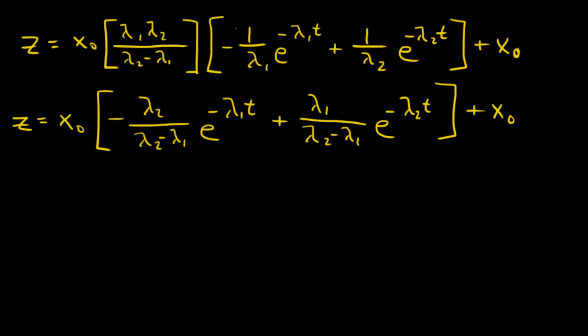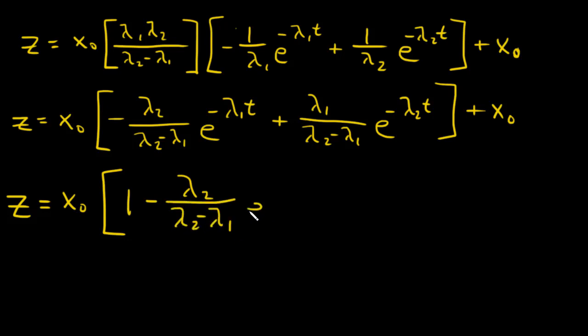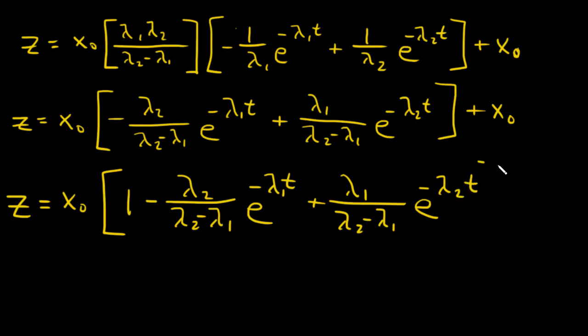I am almost there. If I want to factor an x naught out of everything here, this will become a 1. So z is equal to x naught factored out of 1 minus lambda 2 over lambda 2 minus lambda 1 e to the negative lambda 1 t plus lambda 1 over lambda 2 minus lambda 1 e to the negative lambda 2 t.